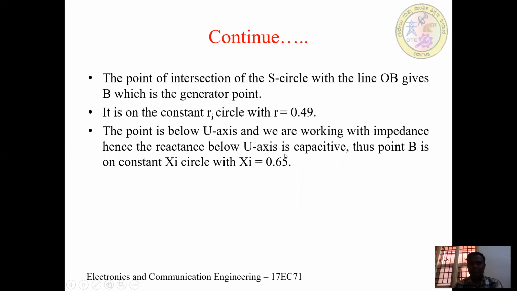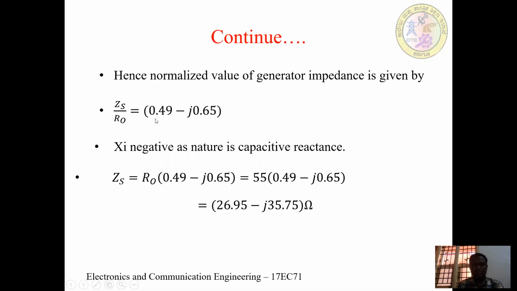If it comes in the upper part, it is inductive; if it is in the lower part, it is capacitive. Thus, point B is on the constant X circle with X equal to 0.65. This 0.65 value gives the capacitive reactance, so this is the real part and this is the imaginary part. Hence Zs by Z0 is equal to 0.49 minus j 0.65.